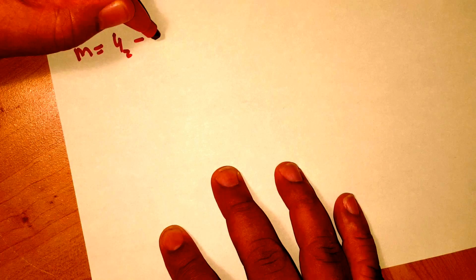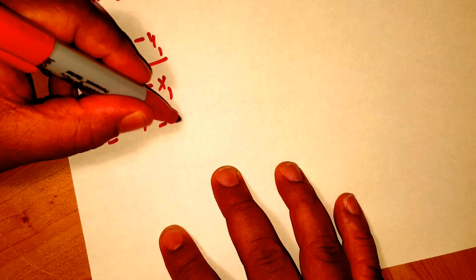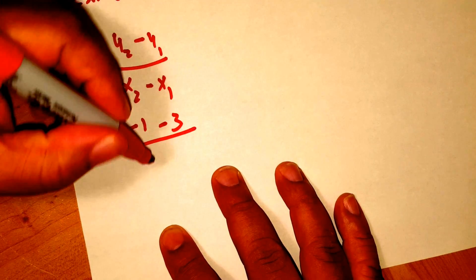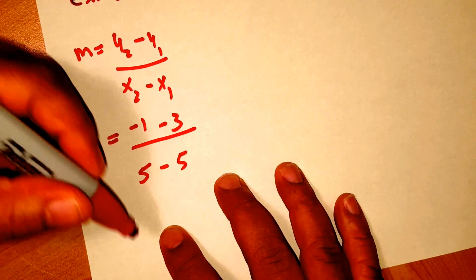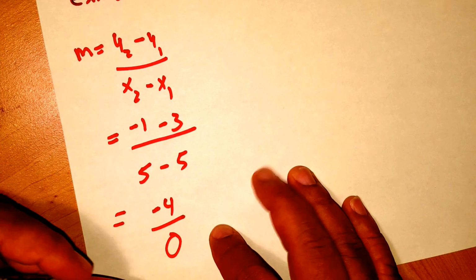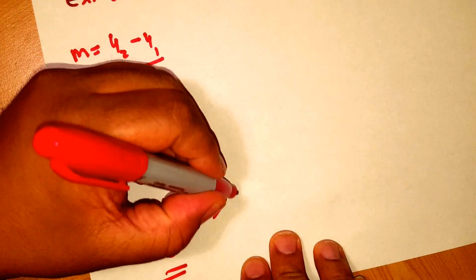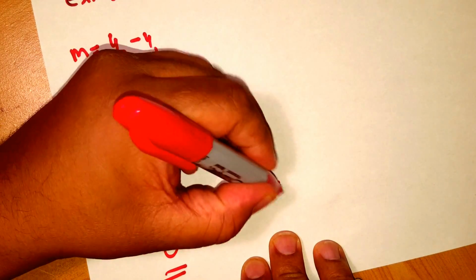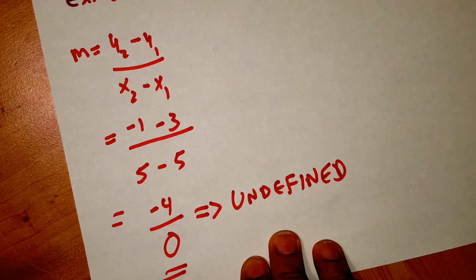So again, plugging in our y's and our x's, our y's are -1 and 3, and 5 and 5. So what we see is that we get a -4 on top and a 0 on the bottom. So when we have a 0 on the bottom, this means that our slope is undefined.